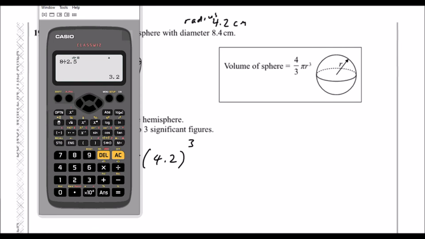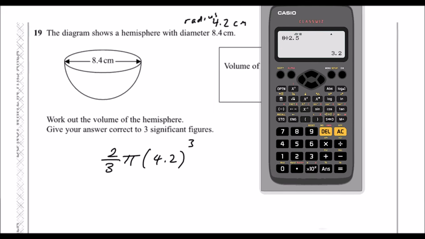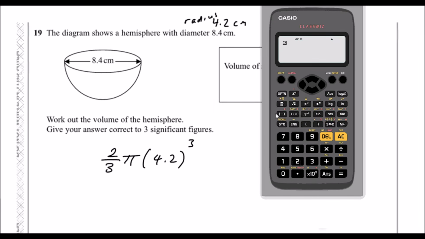And that would be our answer. So 2/3 times pi times 4.2 cubed to 3 significant figures is 155.